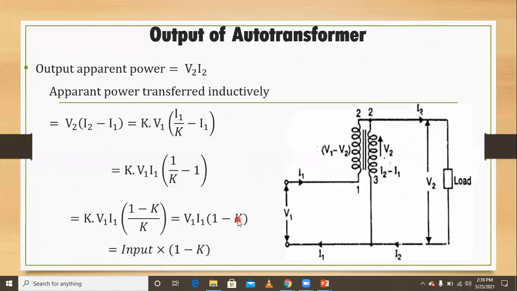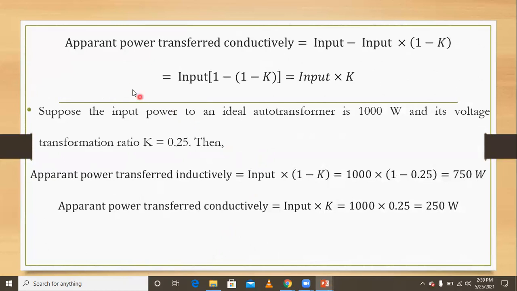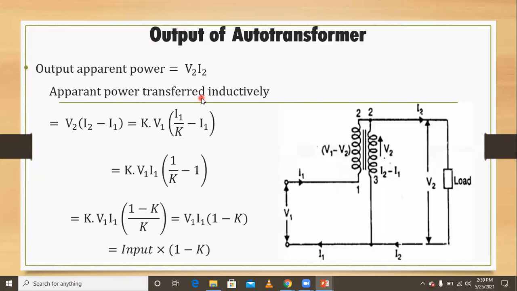Next, in this autotransformer, the output apparent power is measured in volt-amperes, VA.